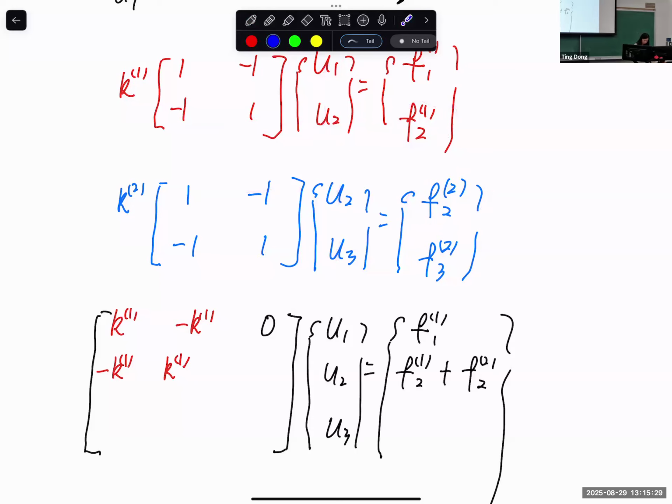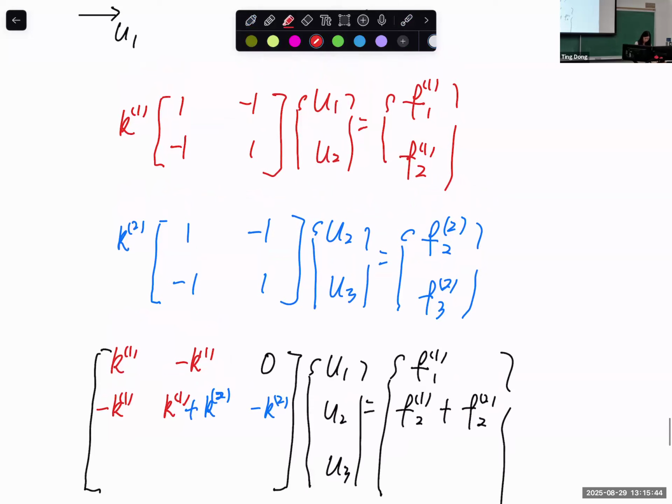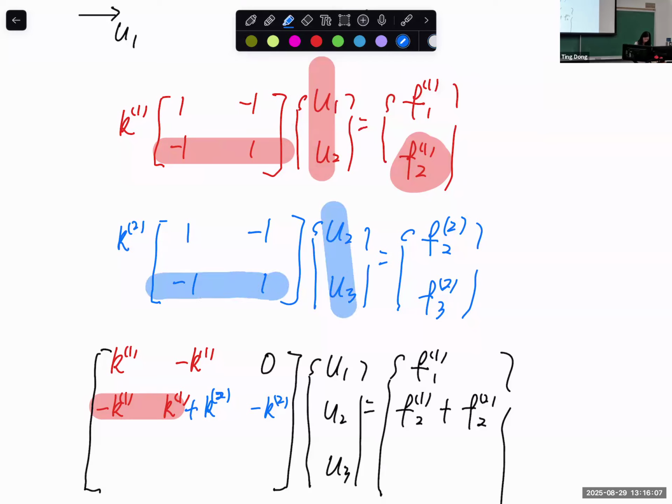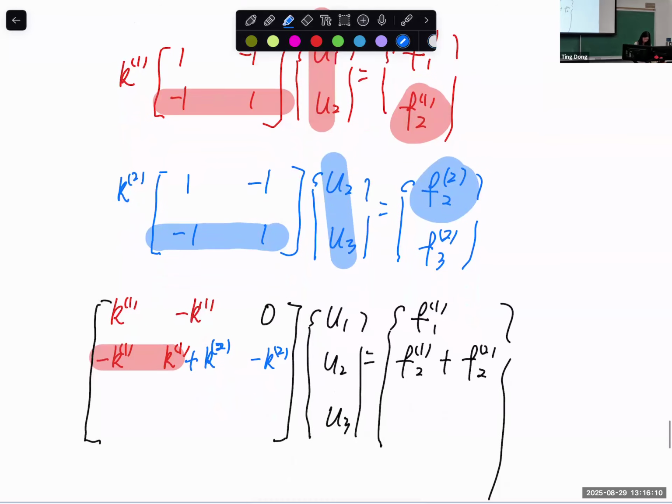So this one, I change the color, equal K2, negative K2. So I got clear about this part.